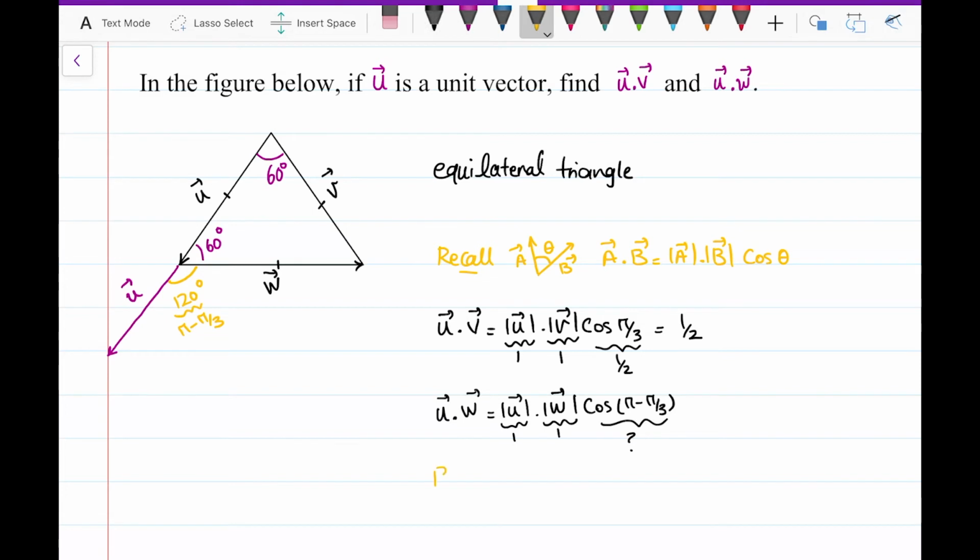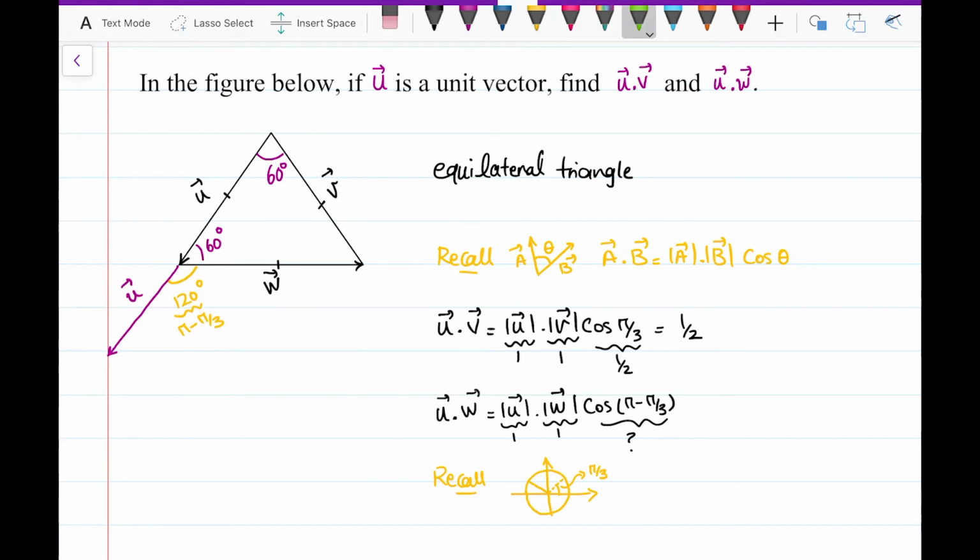Let me give you one more recall for the unit vectors. Okay, so if we have a unit circle, this is pi over 3, and pi minus pi over 3 would be here.